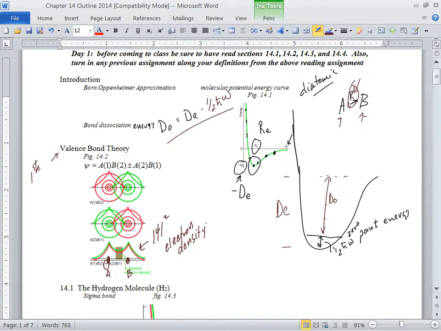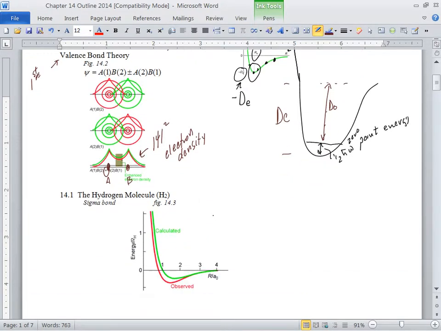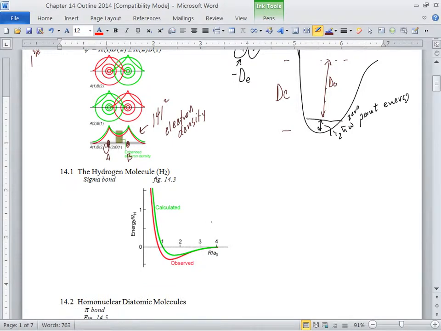So if we're sticking with this valence bond theory for now, and they're talking about the hydrogen molecule, well, the first one is the different types of bonds. One is a sigma bond, and that'd be an example of this one, where there's electron density between the two nuclei.